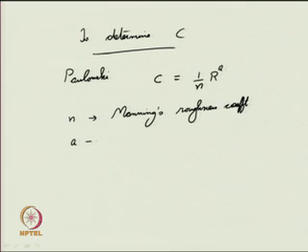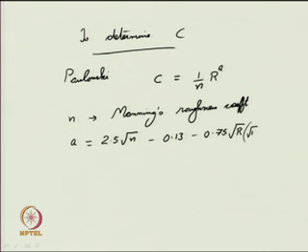A is a term that is defined by the following equation: 0.13 minus 0.75 into root n minus 0.10. This is one particular equation.